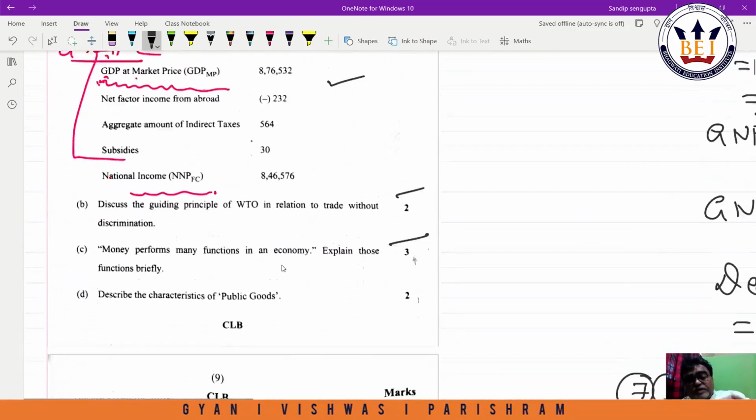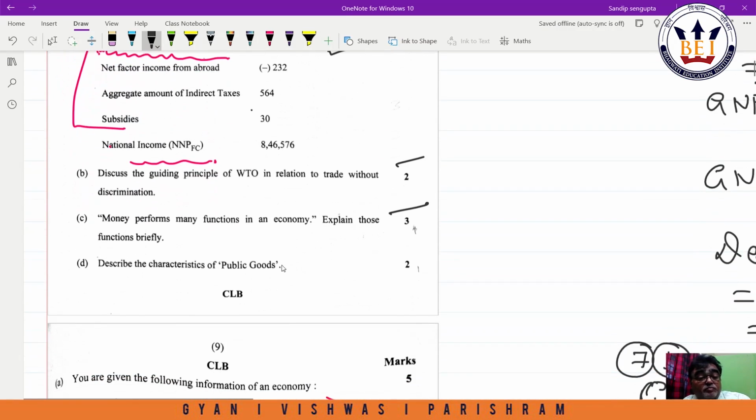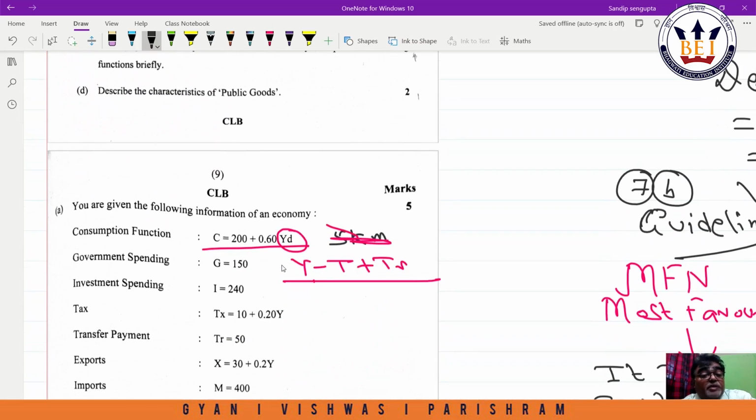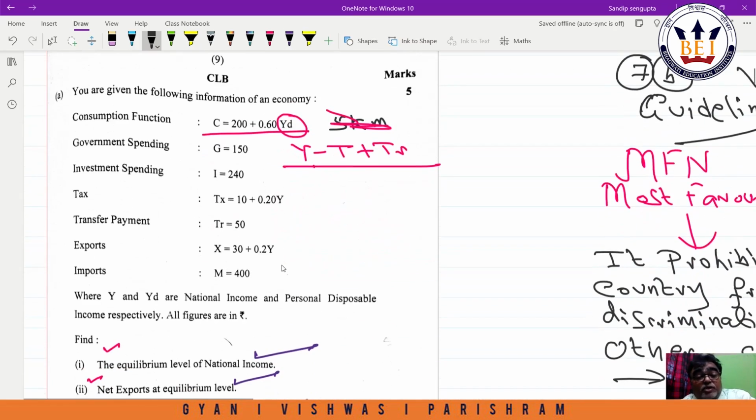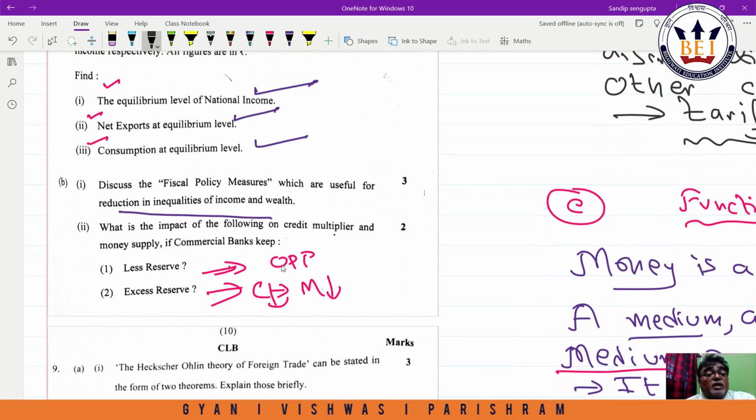Let me check once more whether we have covered everything or not. 7a we have done. 7b, money performs, public goods, simple Keynesian model sum, fiscal policy measures, mostly three: progressive tax, differential indirect tax, planned expenditure.